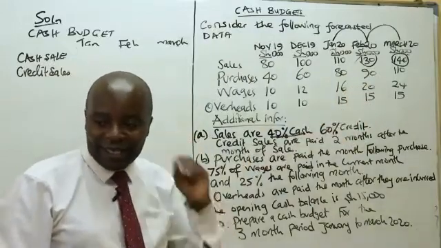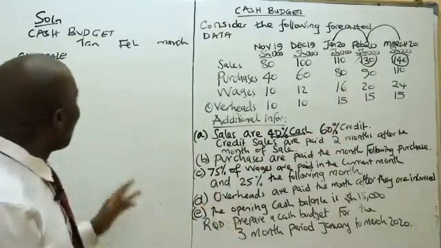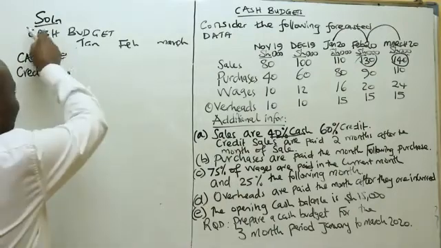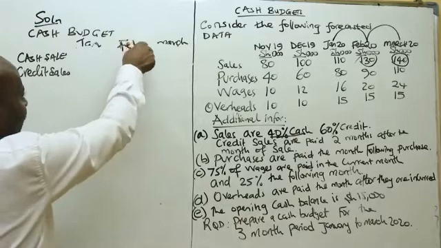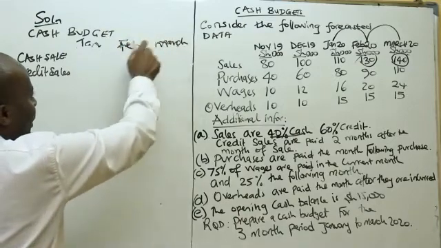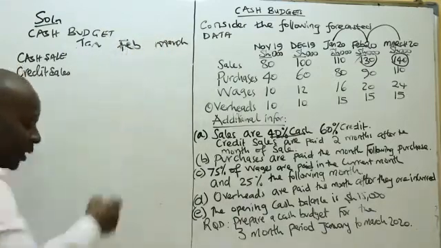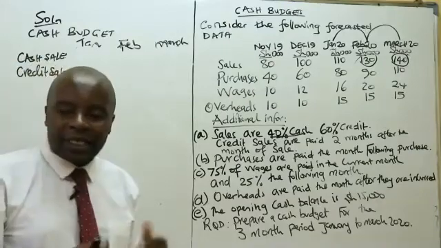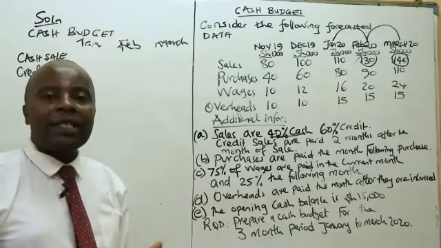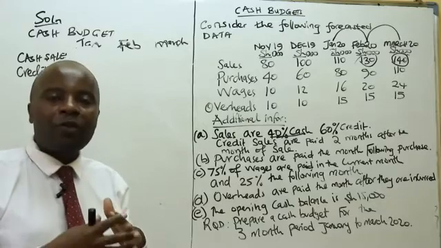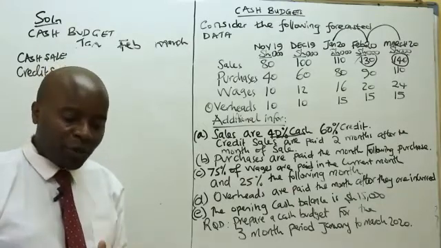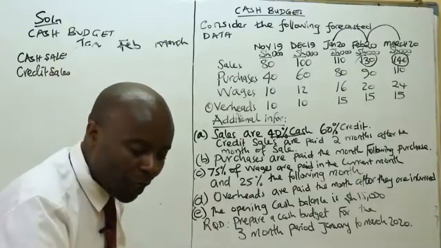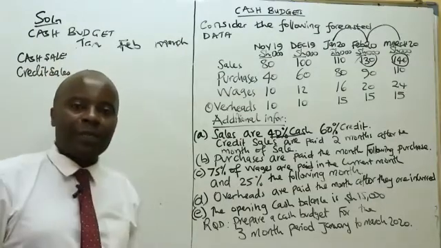Now listen to me very well. What I will do, I will come here and I have the solution there, cash budget. I have my 3 months, January, February, and March, like that. So then we start our analysis. Our analysis will start, ladies and gentlemen, from the point where we capture our incomes.